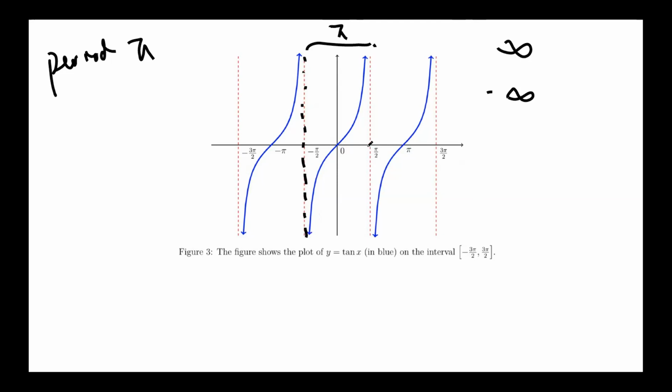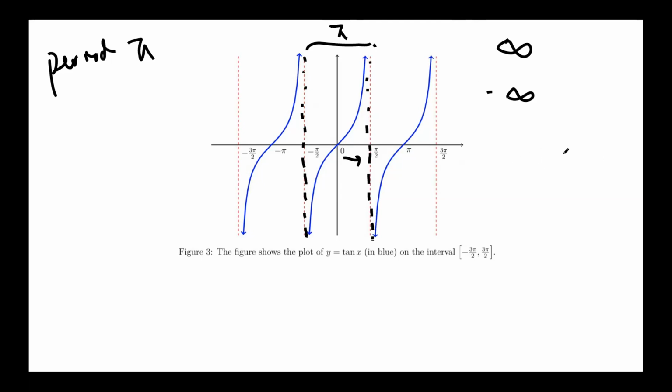So let's take a look at the one here at pi over 2. So as we approach pi over 2 going in this direction, the graph keeps increasing until it approaches infinity.